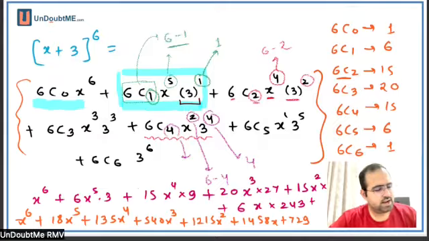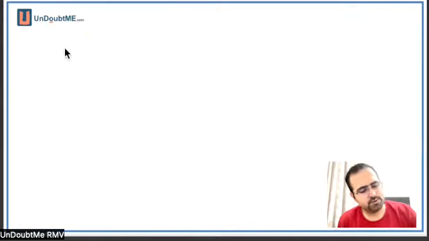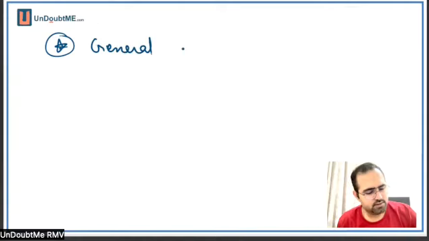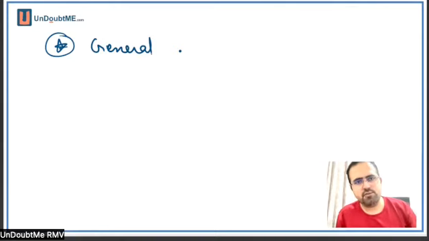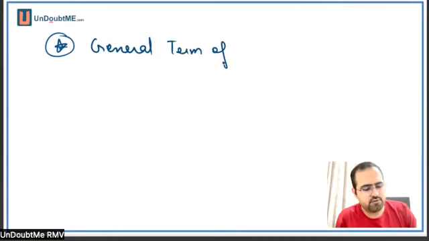So that is our next heading, which will be the last topic for today's lecture. This is one of the most important topics overall for the chapter, from where you will see questions. Till now, we were just learning the basics, how to write the expansion, but the general term of a binomial expansion is a probable topic from where questions can be asked.